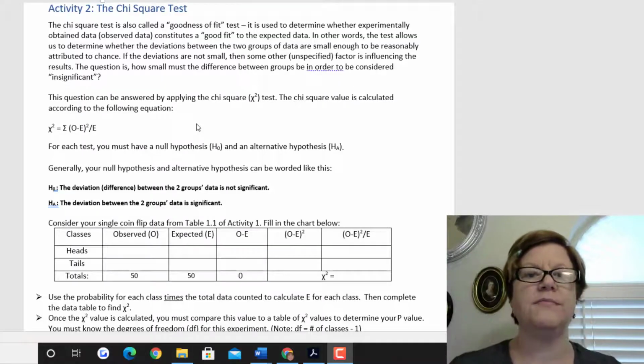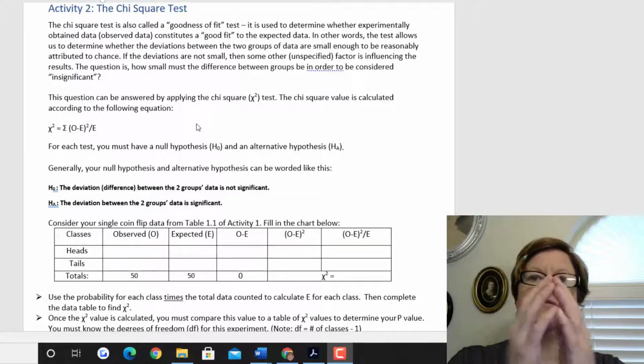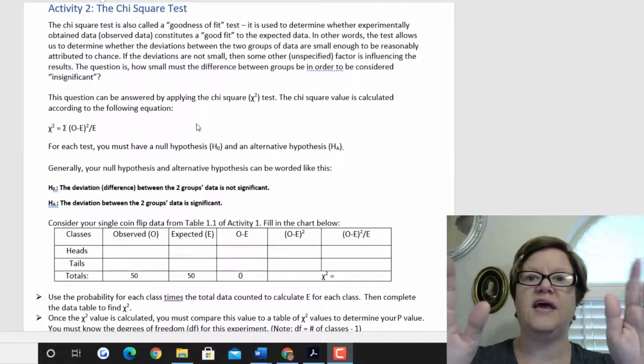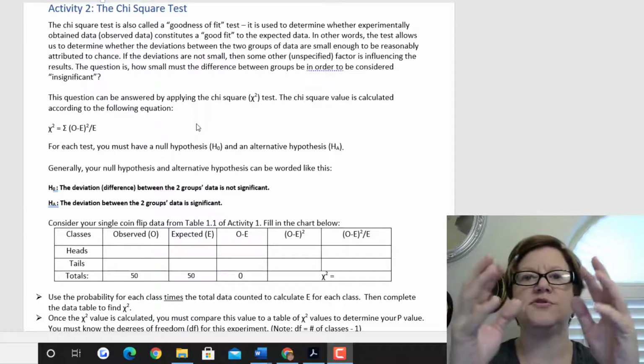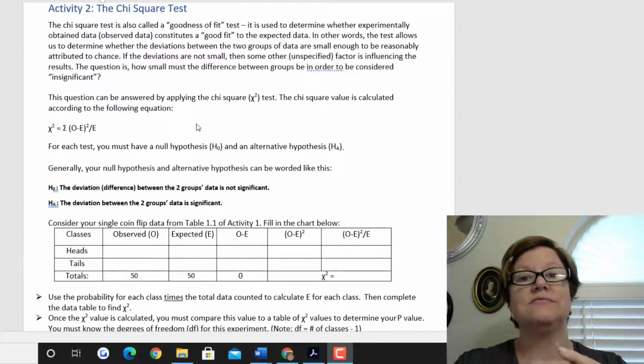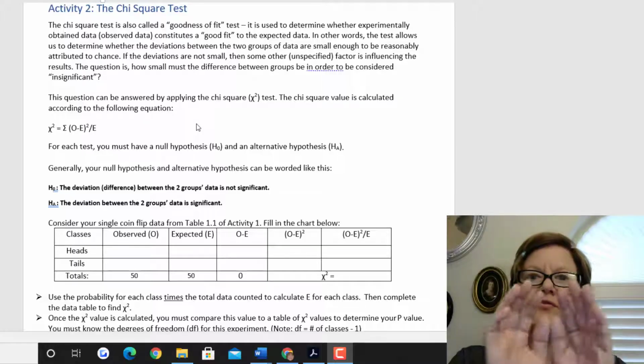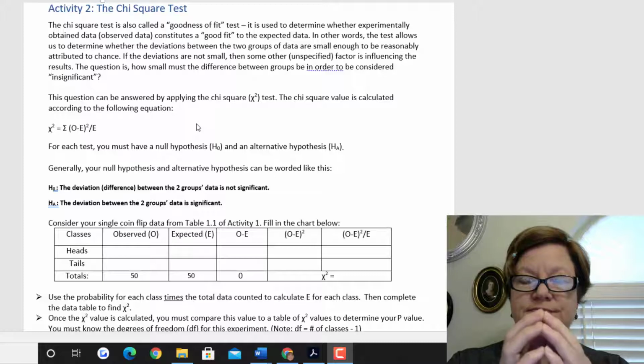And we're going to compare them and see if the groups have data. There's always going to be a little difference between the data, but is that difference really large, really significant? Or is the difference between the 2 groups insignificant?